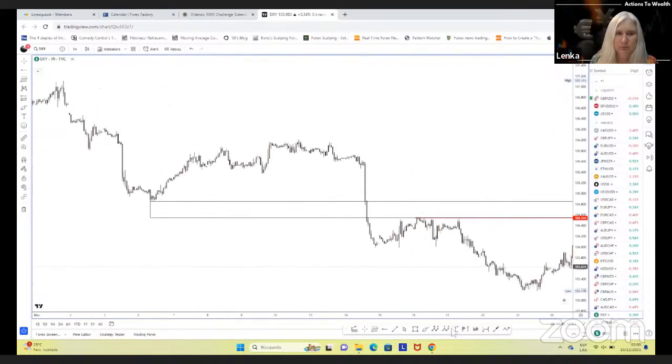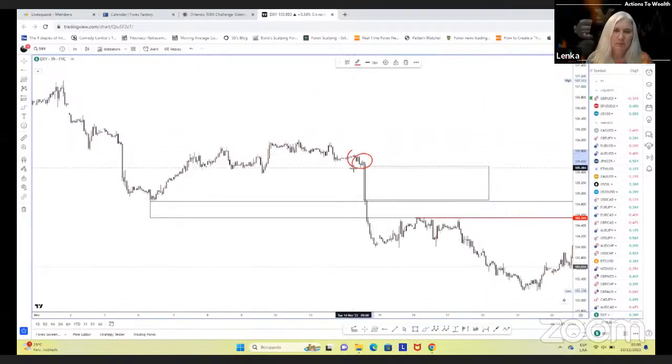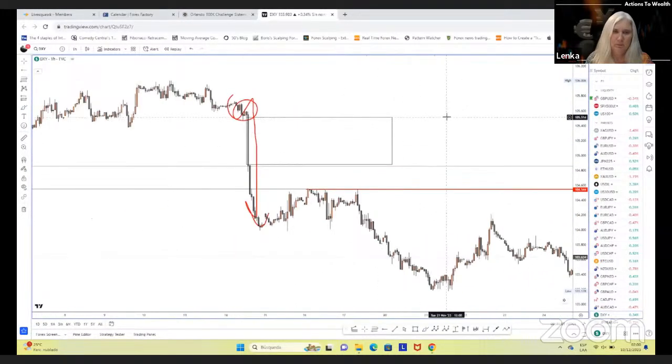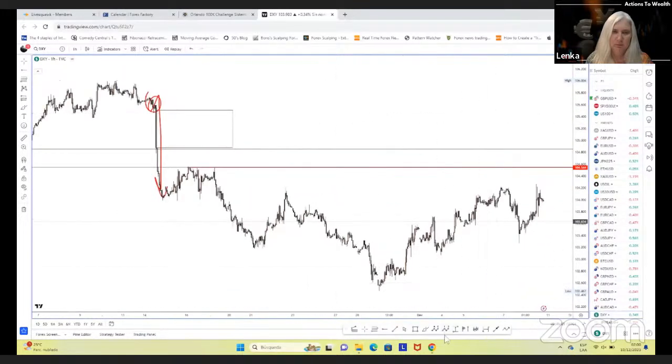And if you notice, we have a massive inefficiency in the market here after sellers jumped in the market at this level, which created the breakout. So, well, my entry model is based on inefficiencies in the market because market has to price itself efficiently.